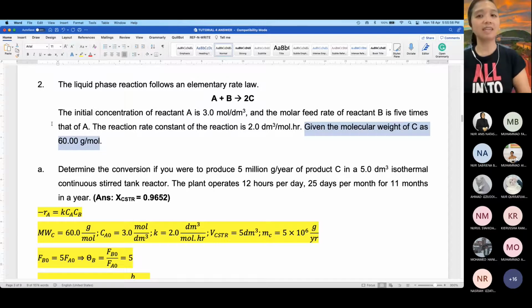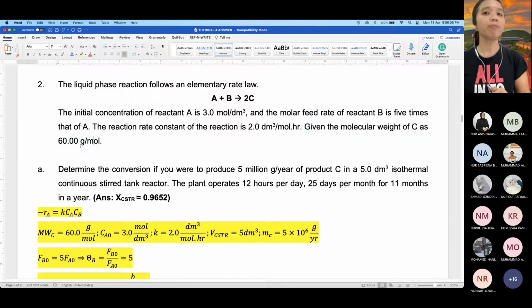So ataupun erti kata lain, if you realize kamu pernah baca dalam CPP, molecular weight is also a conversion factor sebab dia boleh convert daripada gram ke mole atau mole kepada gram. Okay, so again, molecular weight is also a powerful piece of information, an important conversion factor, because it can be used to convert from gram to mole or mole to gram.